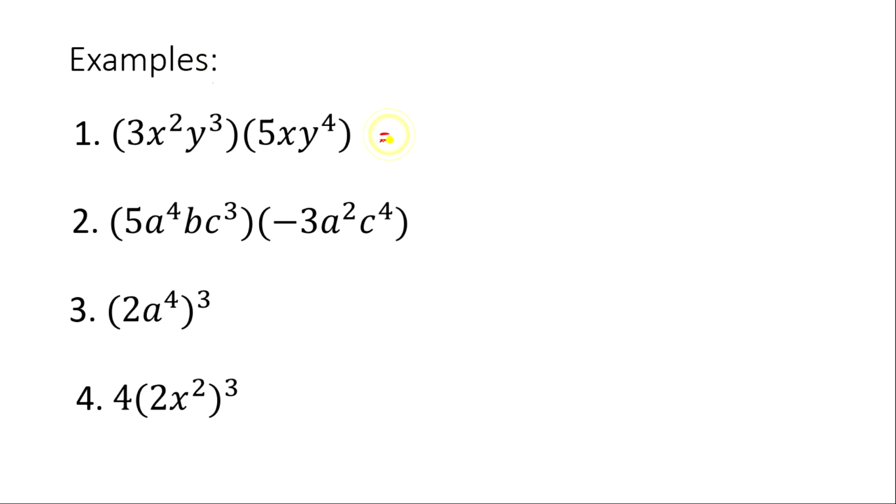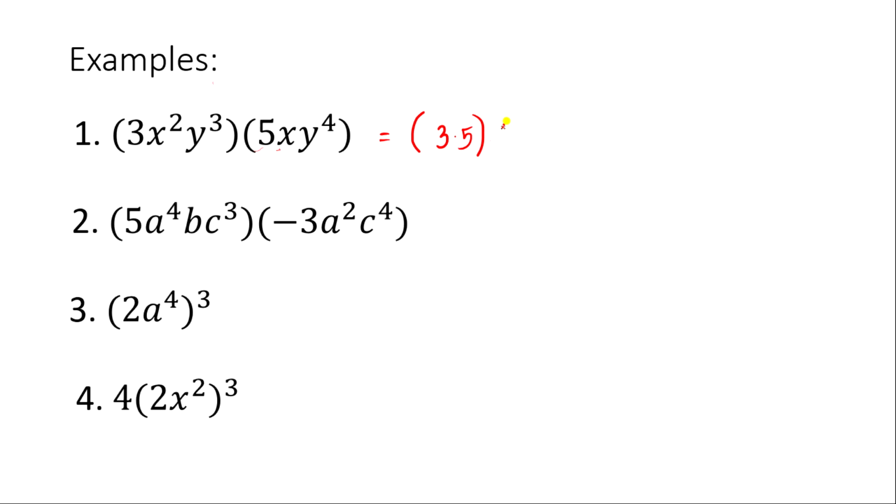Una, we have 3x squared y cubed times 5x y to the 4th power. So, imumultiply natin yung mga numerical coefficients na 3 and 5 and then titingnan na natin yung mga variables na magkakaparehas. So, on the first term, we have x squared and dito meron tayong x.